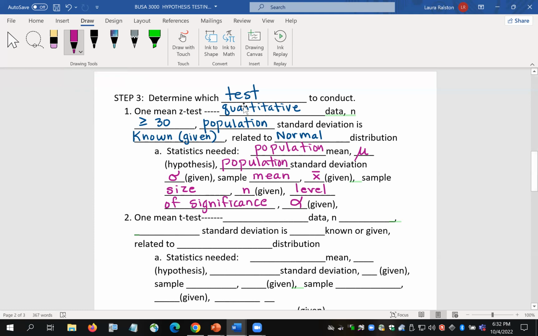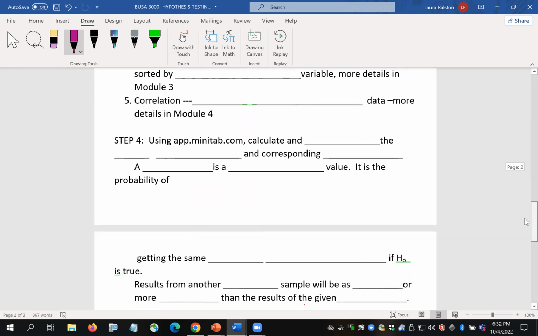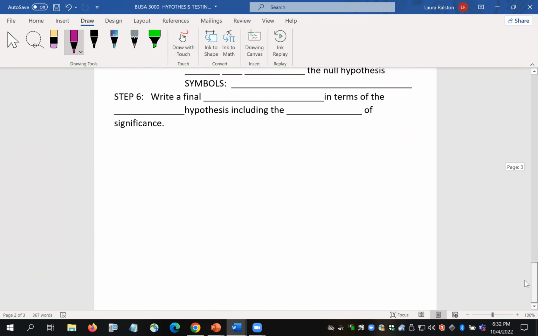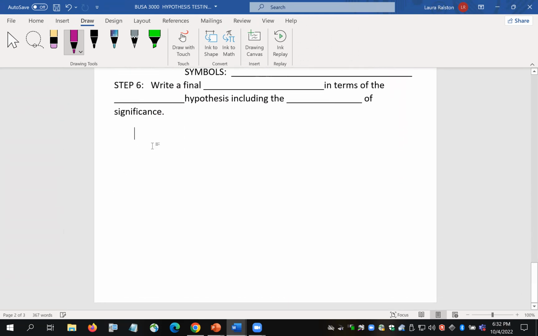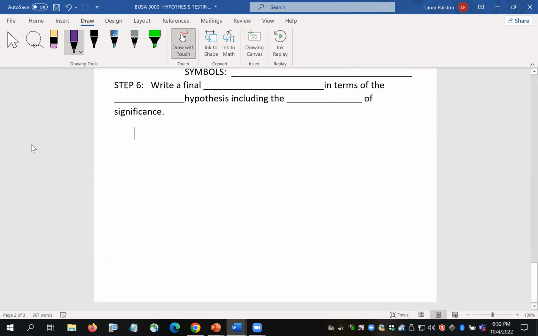Now, that should be a new term, or maybe an old term that you have forgotten. So I want to scroll down to the end of the document, because I didn't leave room here, and talk about level of significance. Most recently, at the end of Module 2, we talked about confidence intervals.